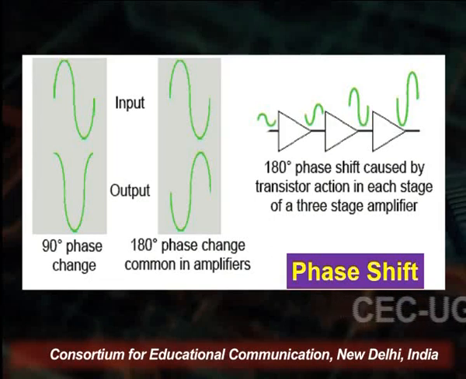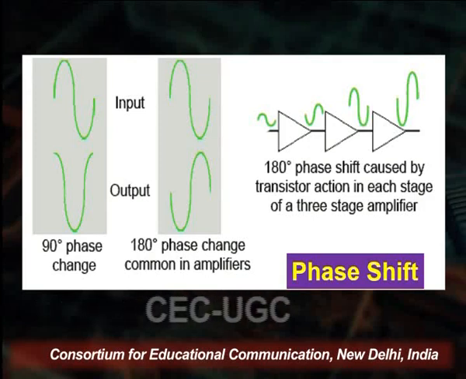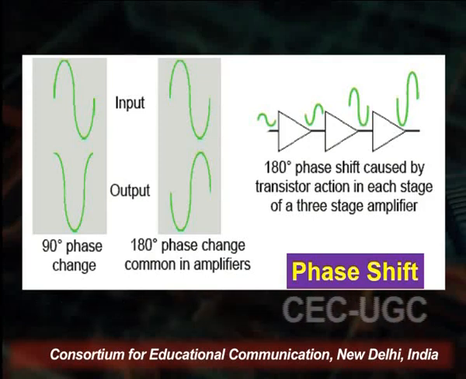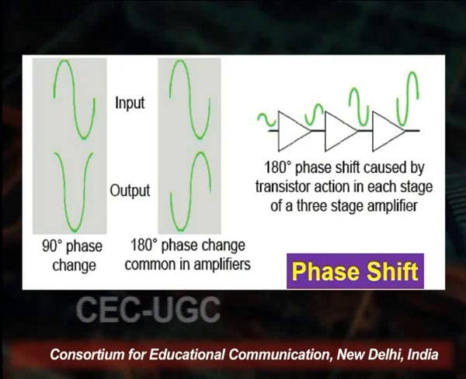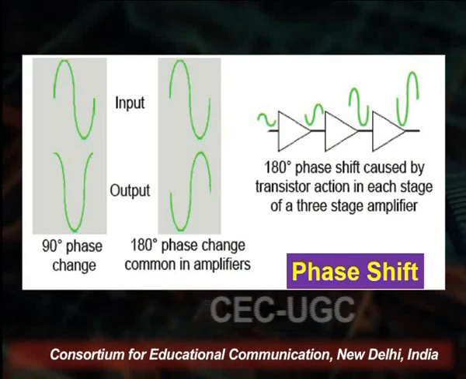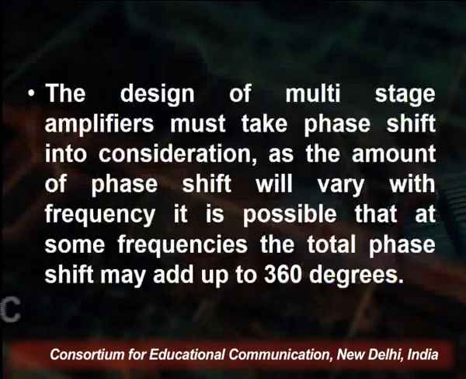And the last one is a 180 degree phase shift caused by the transistor action in each stage of a 3-stage amplifier. If we are using a 3-stage amplifier, you can see the 180 degree phase shift in each stage of the output. So this is the phase shift parameter.